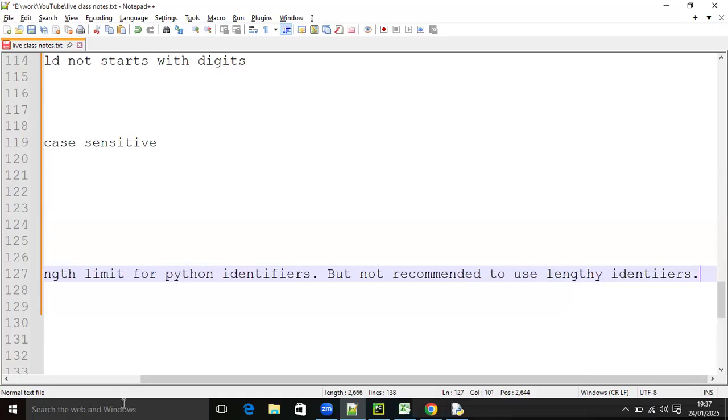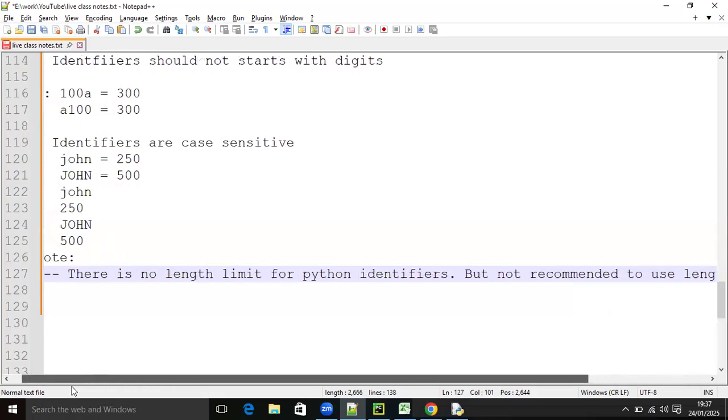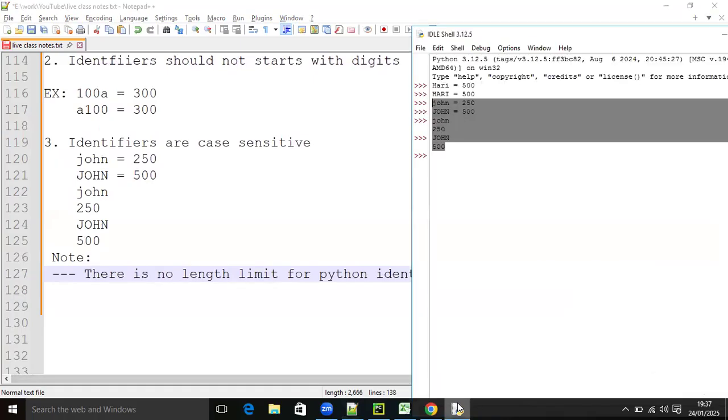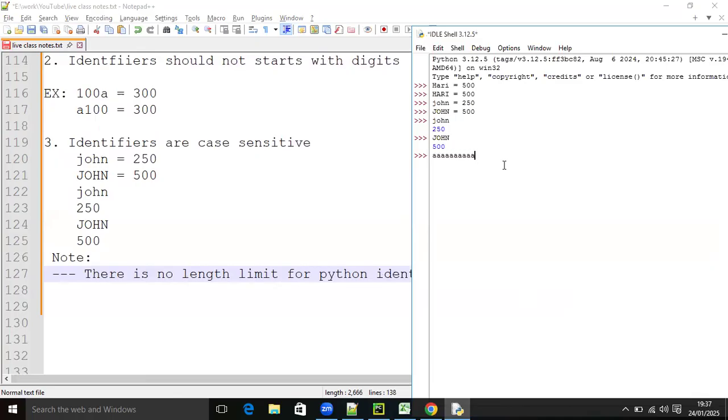Let me try these inputs also. Here I'm typing a equal to 1000. How many characters we have given? There is no count.